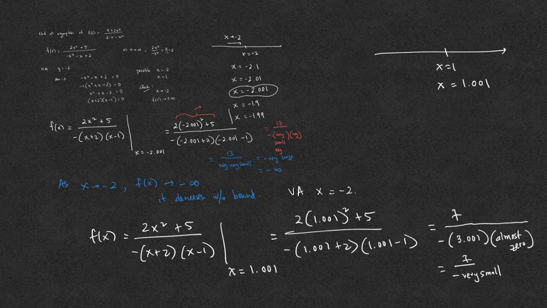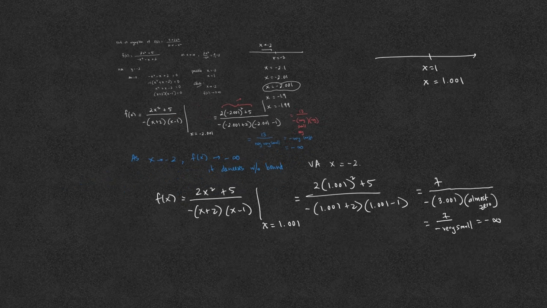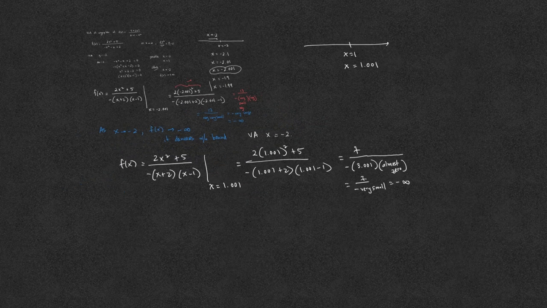And 7 divided by a very small number is a very large number. In this case, the sign is negative because 7 divided by a negative number. And so we say that the function decreases without bound as x goes to 1 from the right, and so we have another vertical asymptote x equals 1.